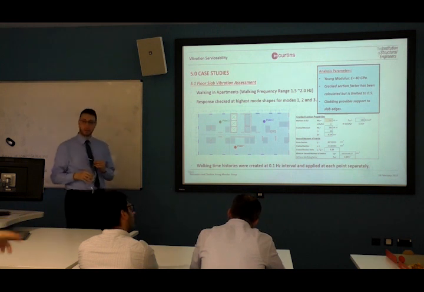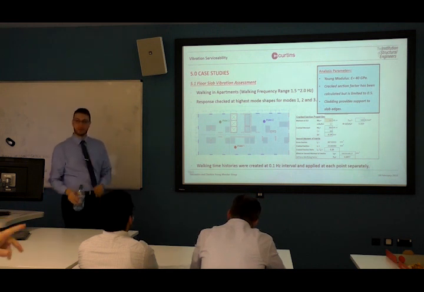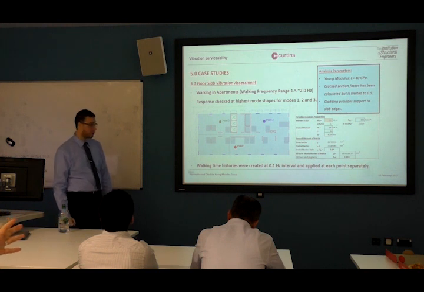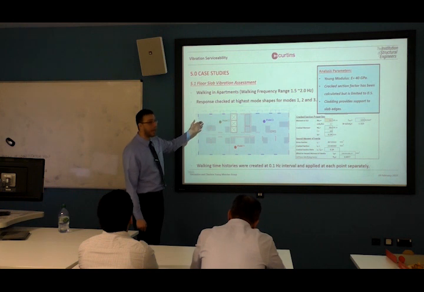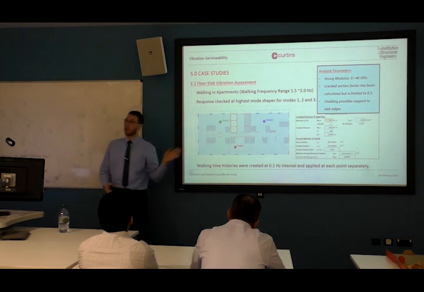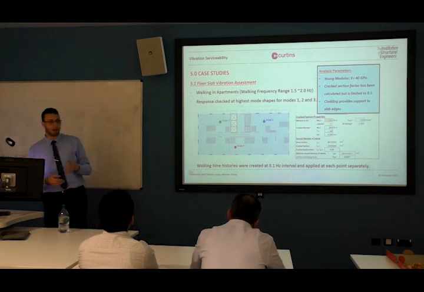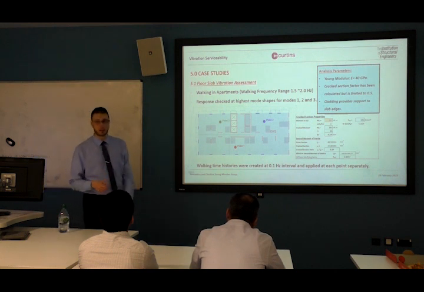And how much does it affect when you have the boundary wall and all? It does make a difference, to be honest. If you don't take cladding as support, you'll have about 30% higher response.